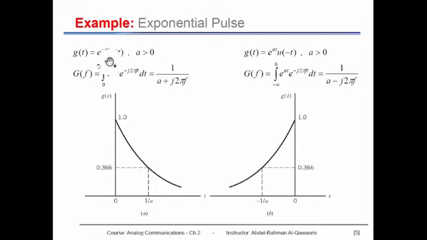We use it with the pulse in order to make our values equal 1 for some interval. A is bigger than 0, which means it is a positive value, and because we have a minus here, we will have a decaying exponential pulse, which decreases with time, and at 1 over a we have 0.366.